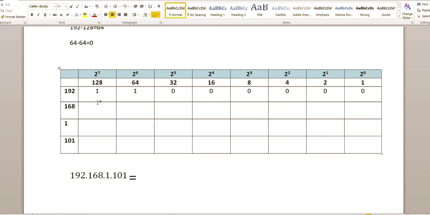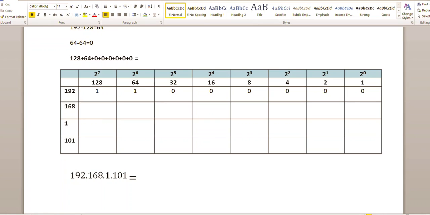Now to check this, let's expand it and we will see how it adds back to 192. So let's go 128 by 1 is 128, 64 by 1 is 64, plus 32 by 0 is 0, plus 16 by 0 is 0, plus 8 by 0 is 0, 4 by 0 is 0, 2 by 0 is 0, and 1 by 0 is 0.